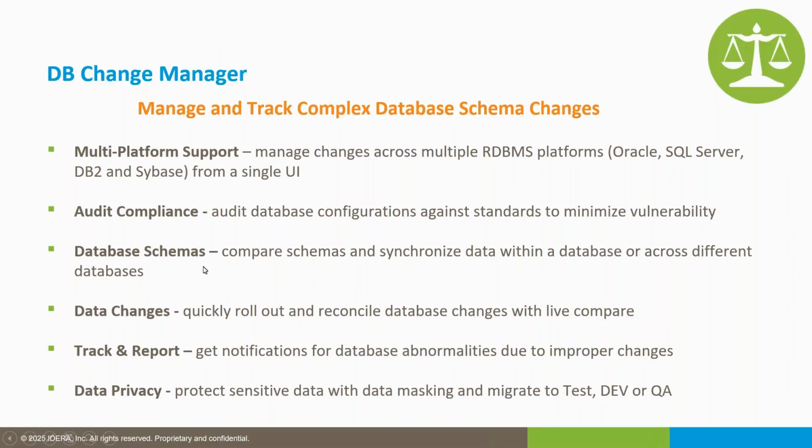You can also compare your schema. If in your development environment your developers have created some new tables, new columns, and so on, you can easily compare with, for example, your QA or test environment, and automatically view the differences between the schemas of the two environments, and then generate the alter script to update the schema from the source environment to the target environment.